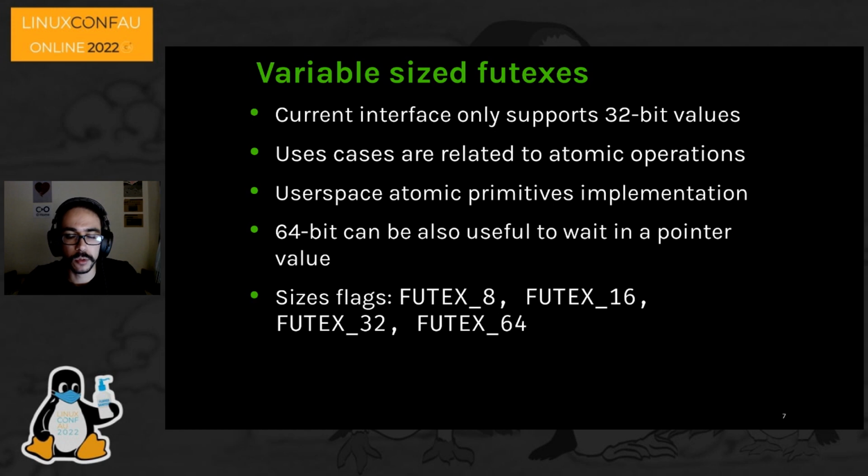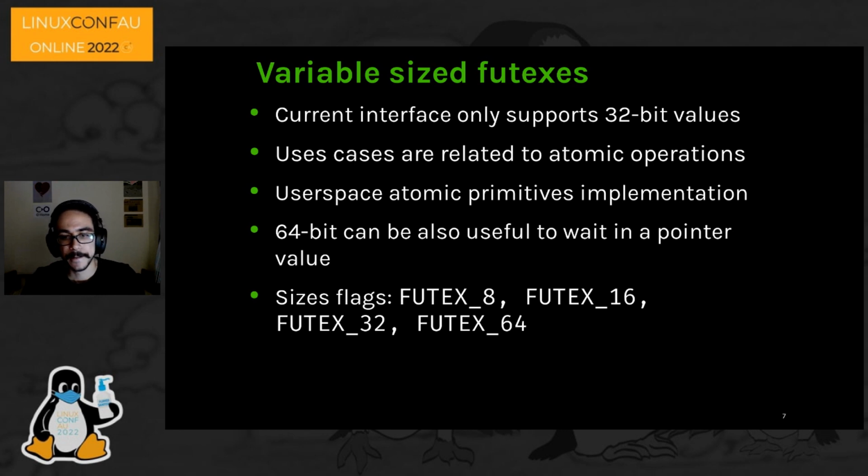People from the C++ library Boost wanted to support variable size futexes so they can create user space atomic operations on top of that. And also, if you have 64-bit futexes, you can wait on a pointer value. So this will come with the new syscalls, and you'll be able to operate on those 4 different sizes.